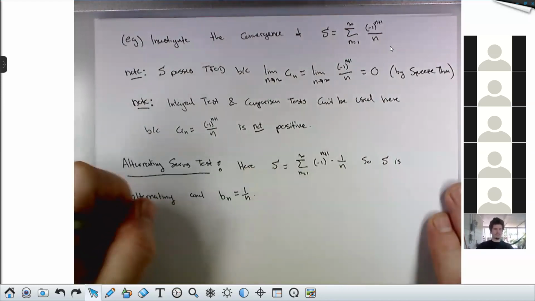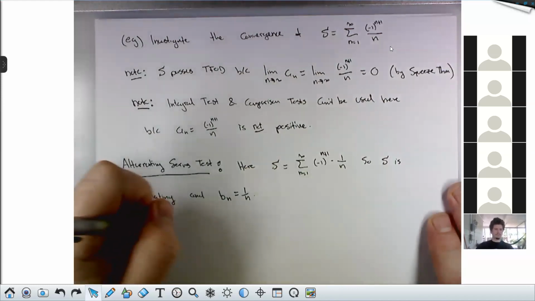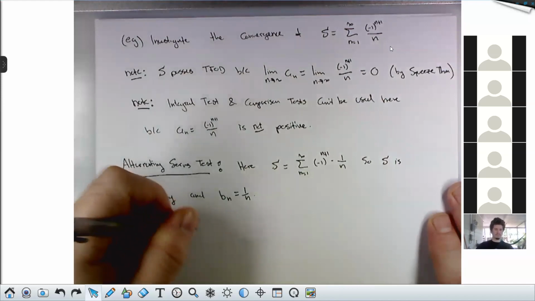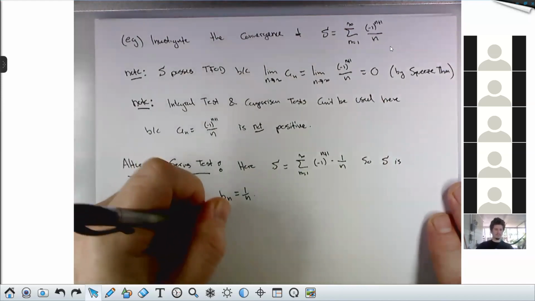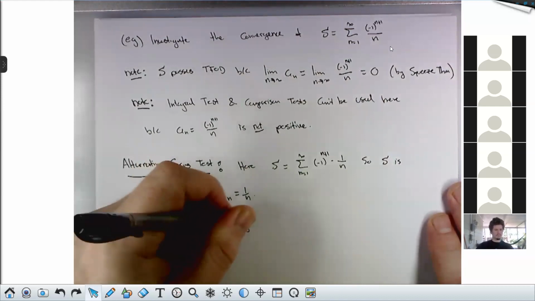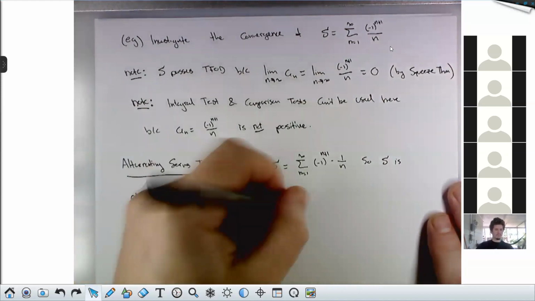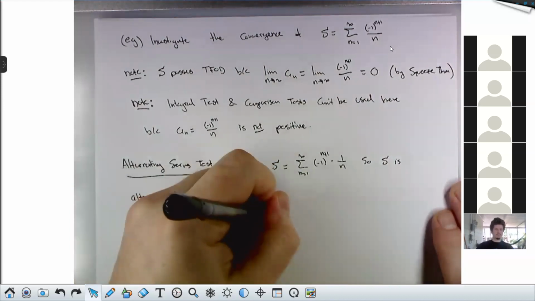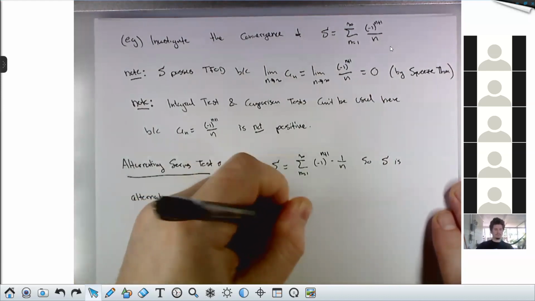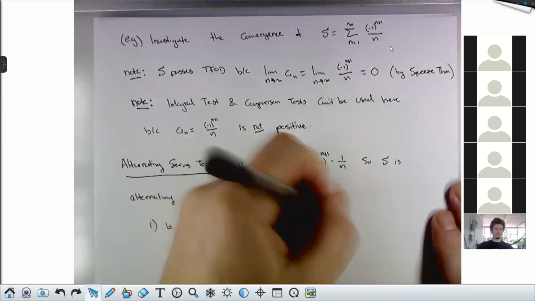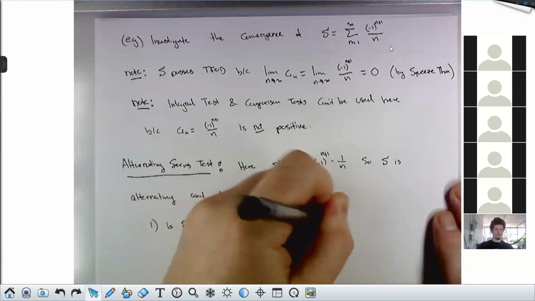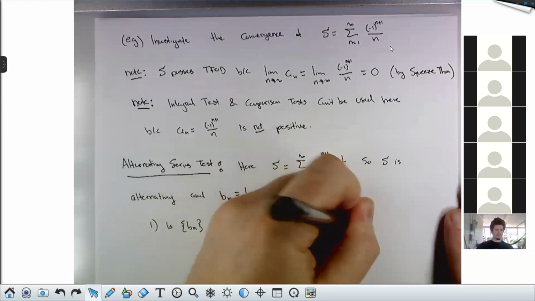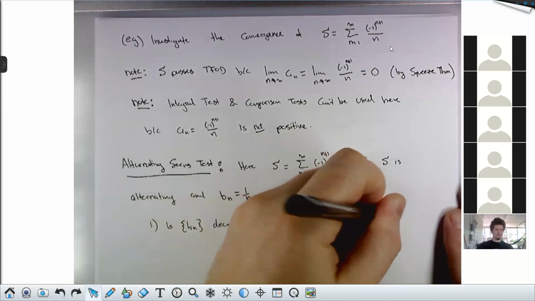So we check the two items. One, is the sequence bn decreasing? Well, here is a case where it's easy to use the inequality. Is bn plus 1 always less than bn? This would be equivalent to saying 1 over n plus 1 is less than 1 over n.